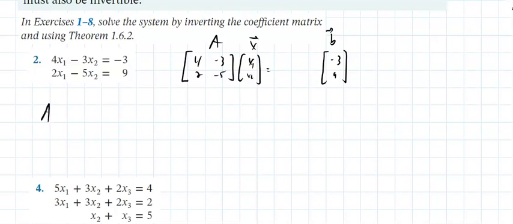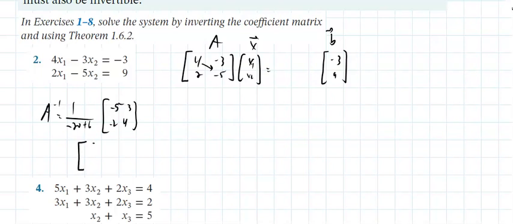Let's do that. The inverse of A will be 1 over the determinant. That's -20 plus 6. You swap the diagonals and you multiply the non-diagonals by a negative. So this is 1 over -14.